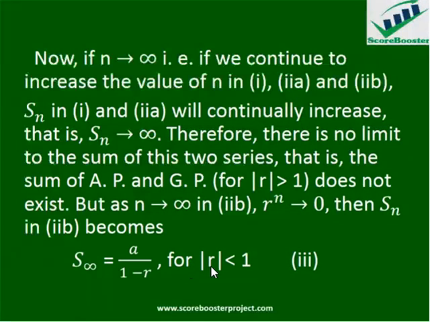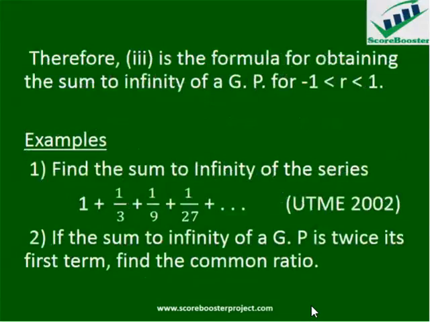And the condition is for modulus of r less than 1, and that is tagged as equation 3. So therefore, equation 3 is the formula for obtaining the sum to infinity of a geometric progression for minus 1 less than r less than 1.